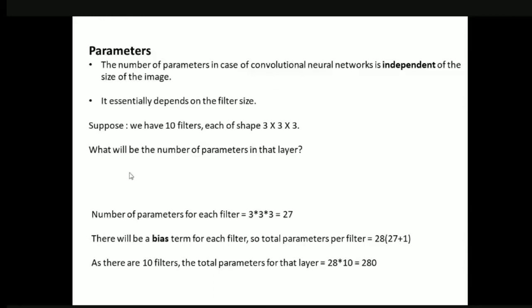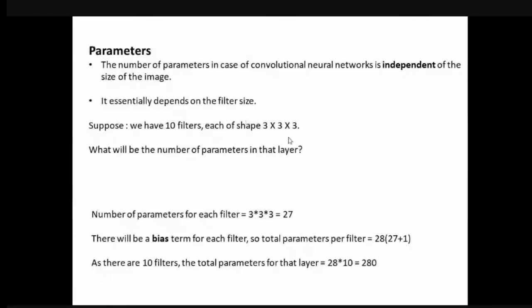Whatever the size of the input image, the total number of parameters only depends upon the filter size. Do you remember, the total number of parameters purely depends upon the filter size. They do not depend upon the size of the input image.